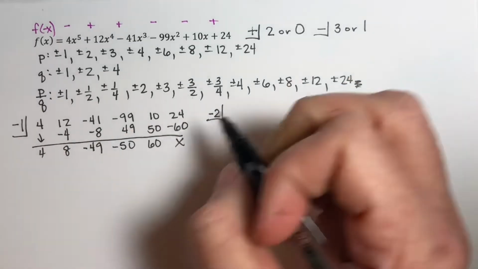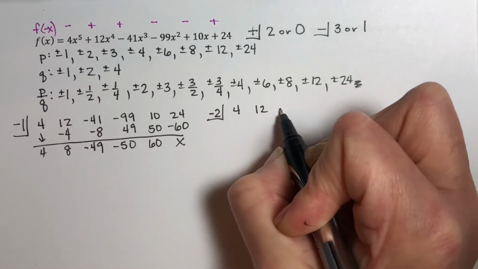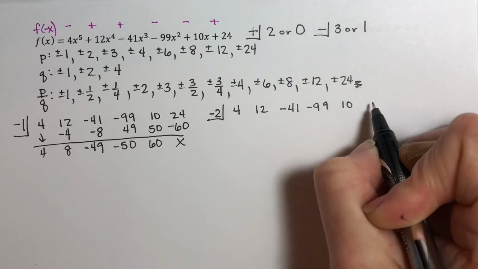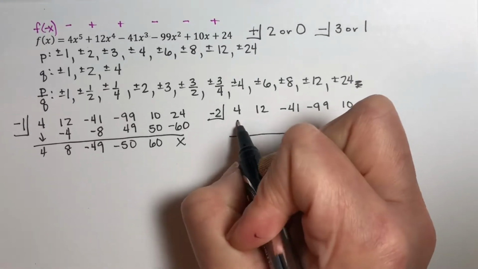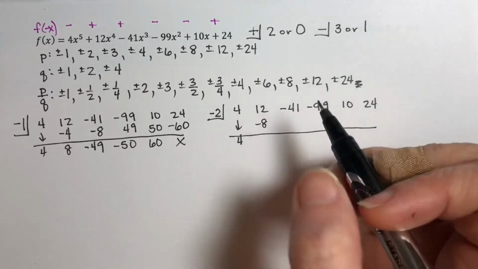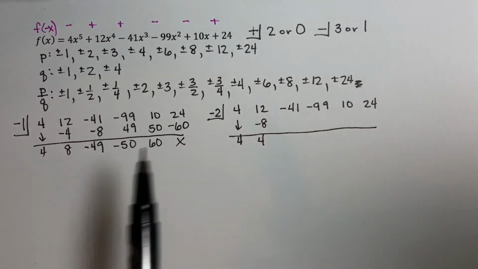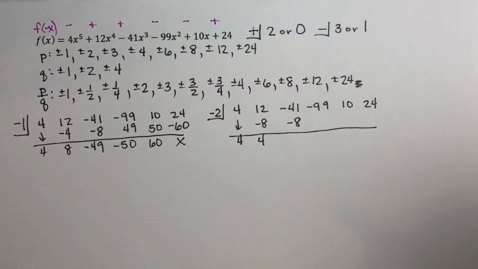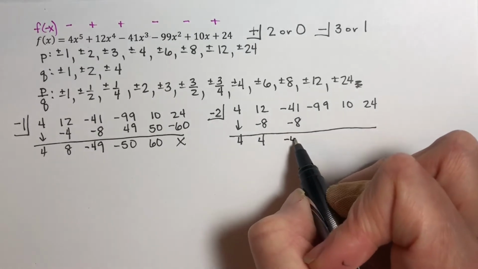Using these same values, since this did not work, bring down your 4, multiply to a negative 8. 12 plus negative 8 would be positive 4. 4 times negative 2 is negative 8. Add here to get a negative 49.